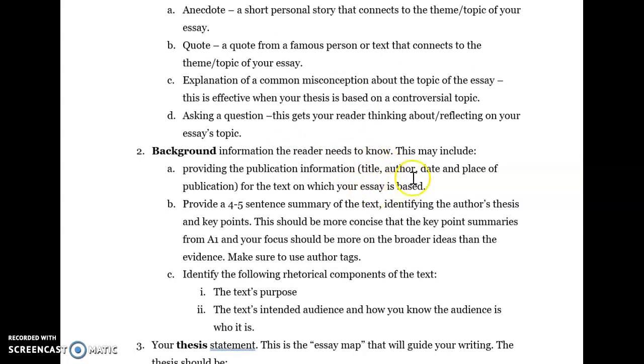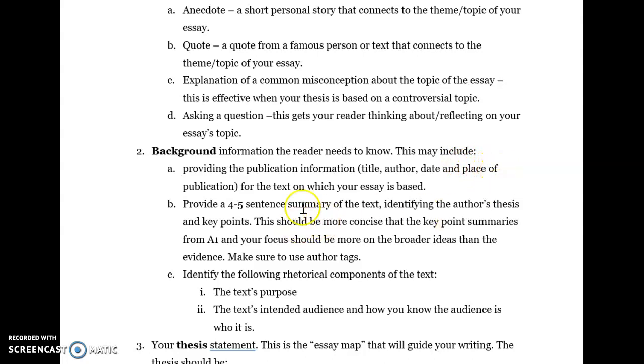And this is something that I saw some of you forgetting to do in your A2s. So really making sure you have the title in quotation marks, the author's first and last name, the date, and the place of publication in italics.